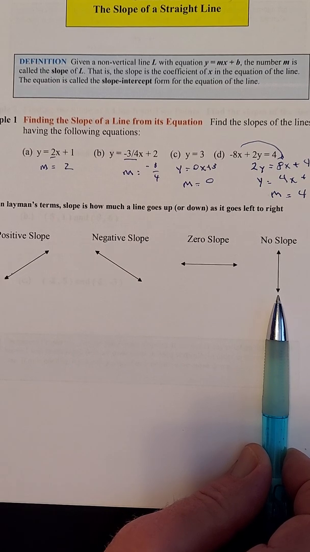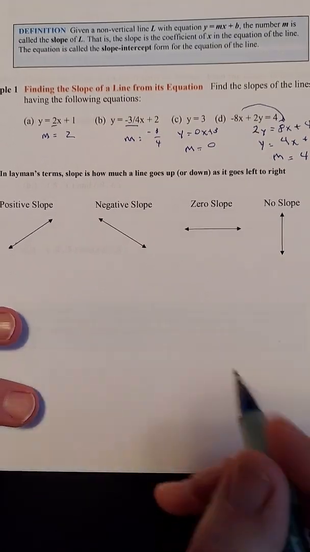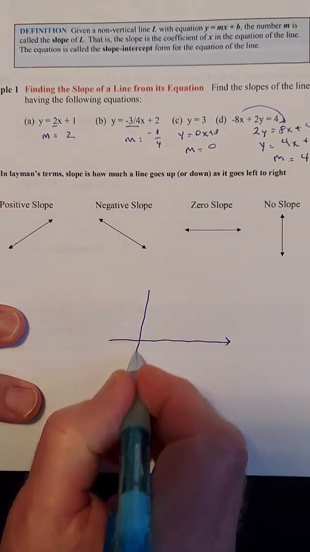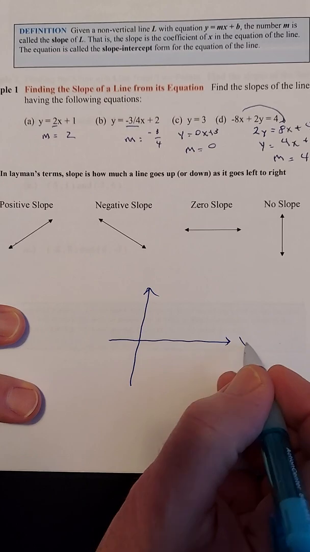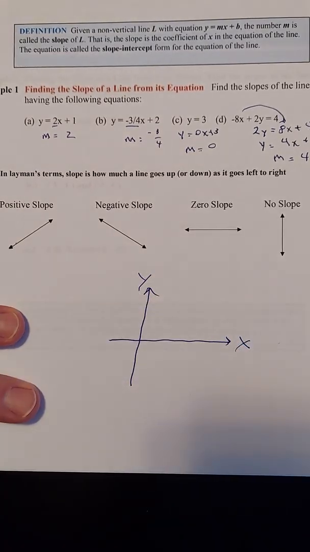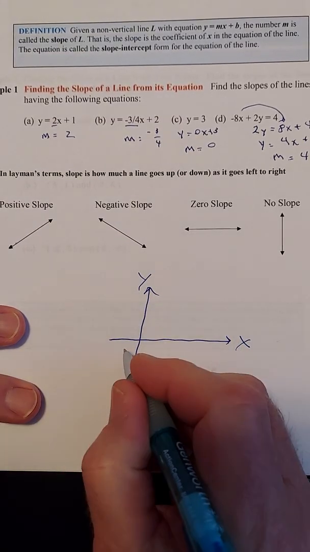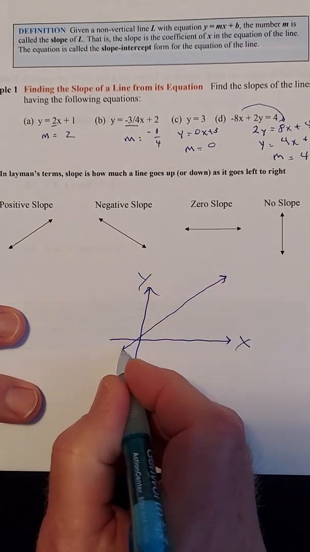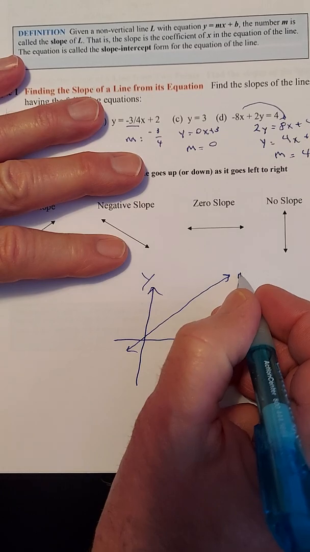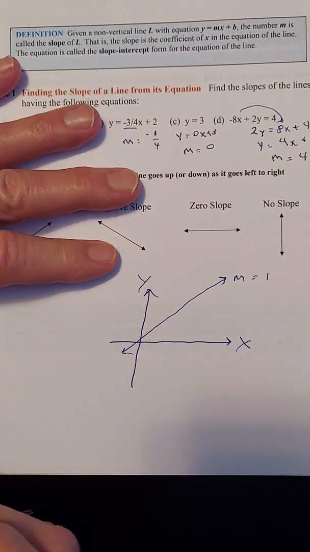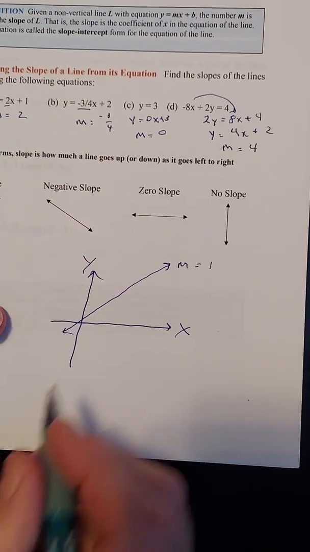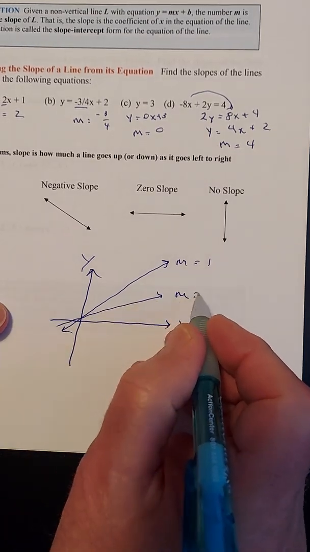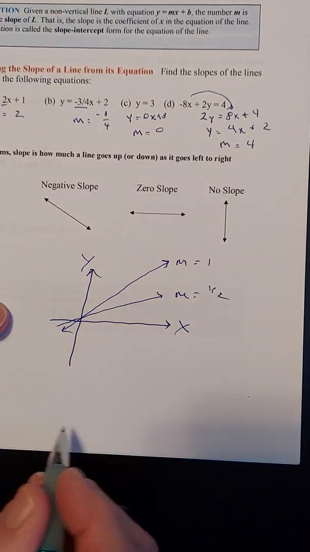It's undefined. Now, let's look at it a little differently too. Here's my coordinate axes, so I've got an x-axis and a y-axis. If I had a line here that was exactly 45 degrees, the slope of that line is equal to 1. If I split the difference here, that slope would be 1/2.